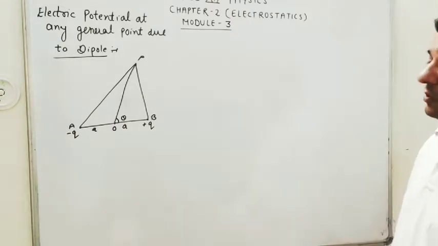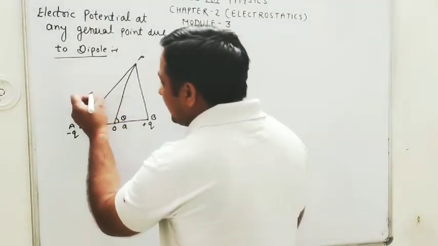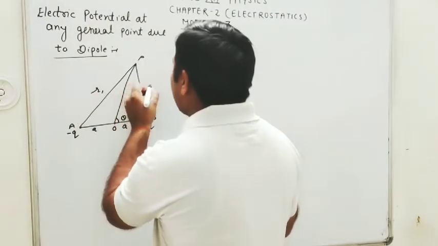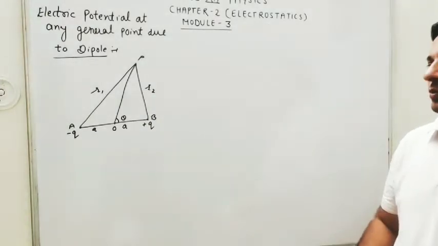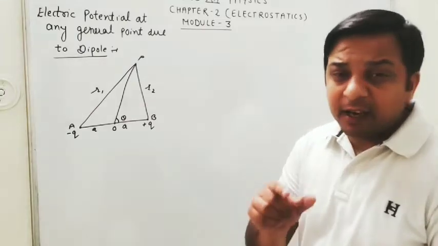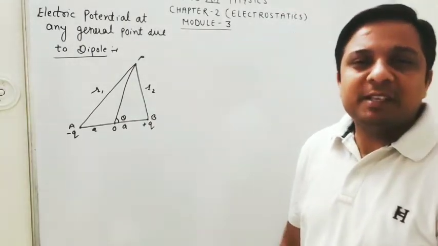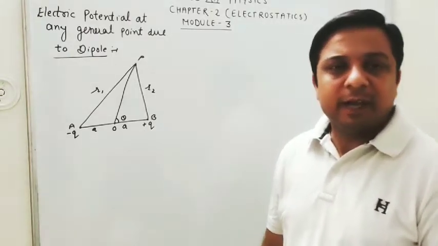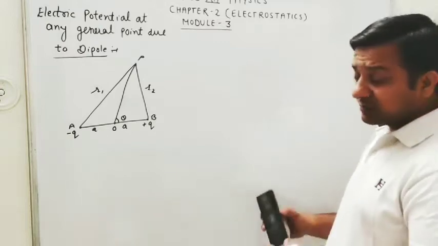This distance is considered R1 and this distance is considered R2. Is there any problem? Perhaps no. It's very simple. Firstly, I tell you, the distance between the two equal and opposite charges of a dipole is very small.